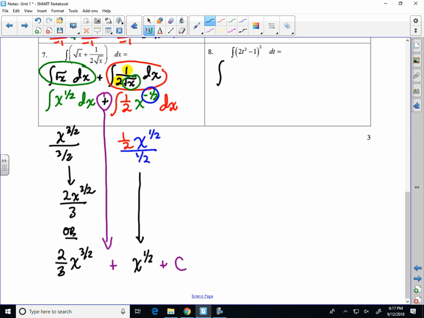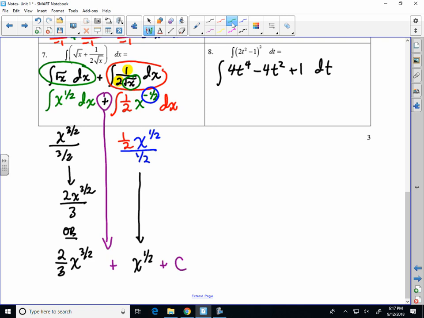Distribute that bad boy out. All right, so if it helps, write it as 2 separate binomials and FOIL. But this is what you should come up with.